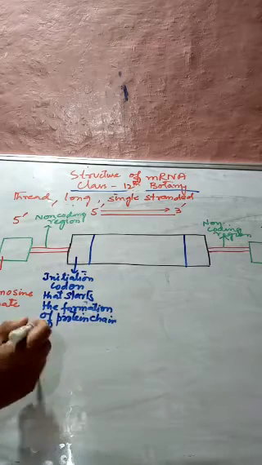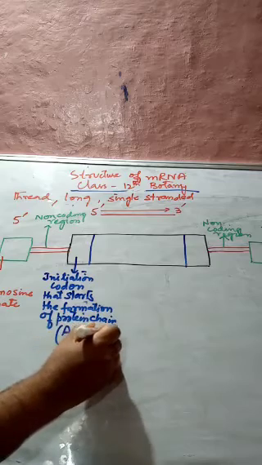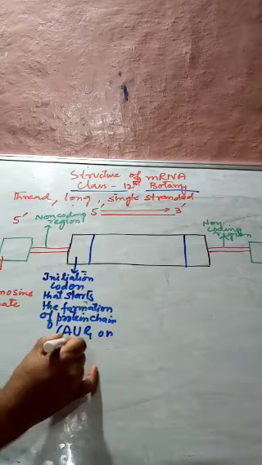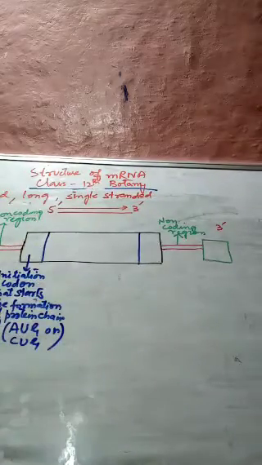That codon is mainly AUG, or you may write it as CUG.